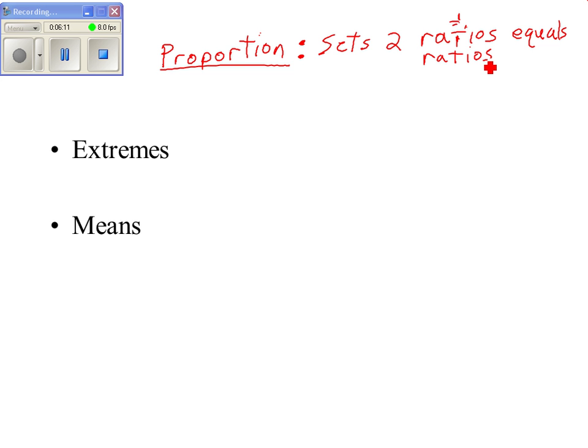Also write this down. Whenever you have a proportion, and this is probably new, so most of you probably haven't heard this before, in a proportion you have four different terms. First term or first spot, second term, third term, fourth term. I'm going to write another one over here using some letters.